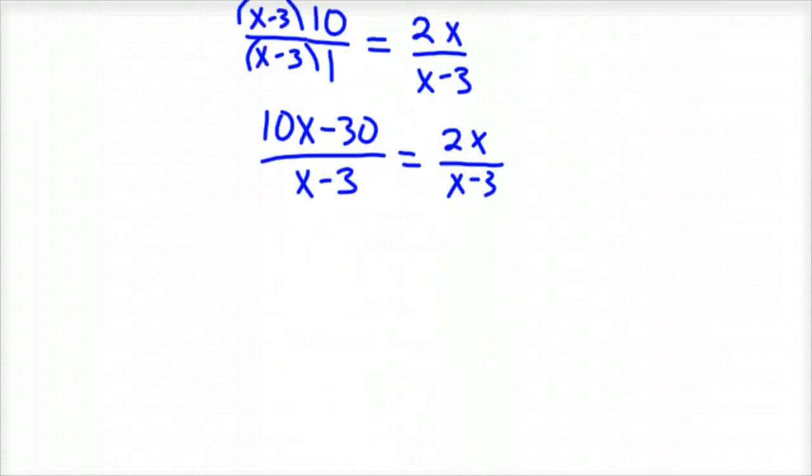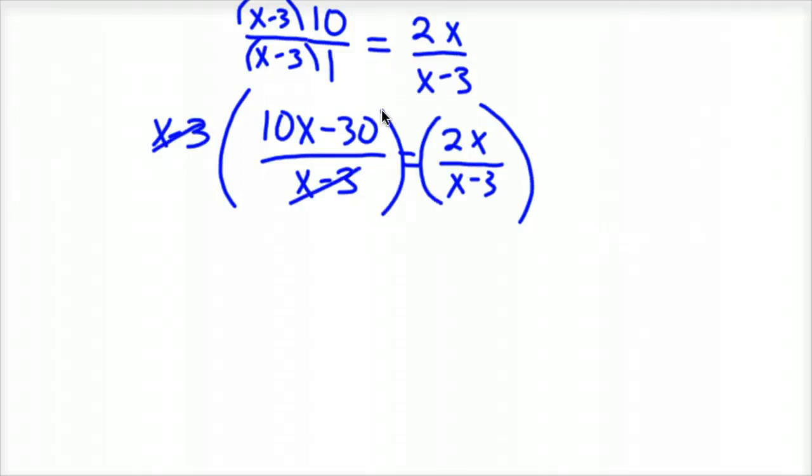Then the denominator crosses out. I mean, that's the rule everybody learns, but really what's happening is we're going to multiply by the denominator to make it cross out. So x minus 3 distributed through this would cross this out and this out. You got to do it to both sides of the equation, excuse me. So this would also be times x minus 3. So this side and this side would also cross out. Whatever you do to the left side, you got to do the right side.